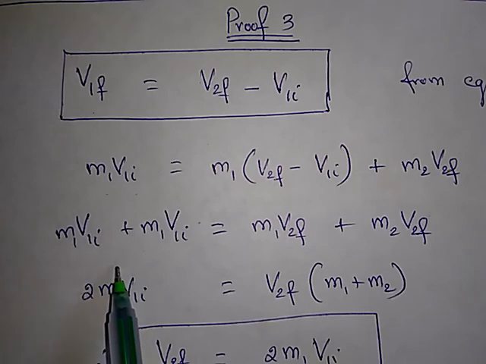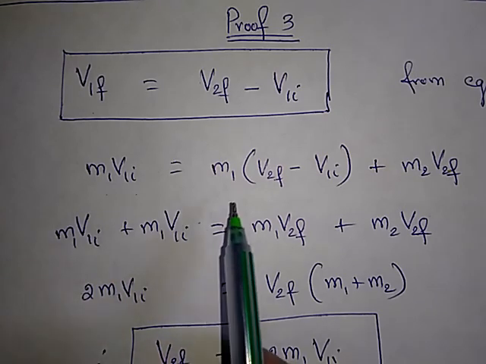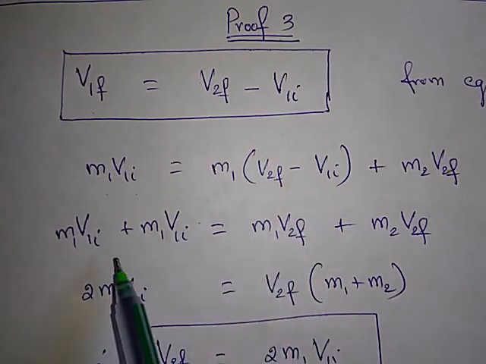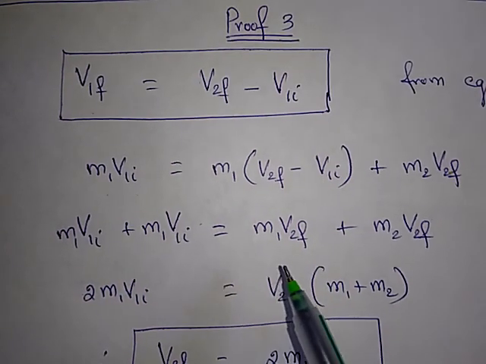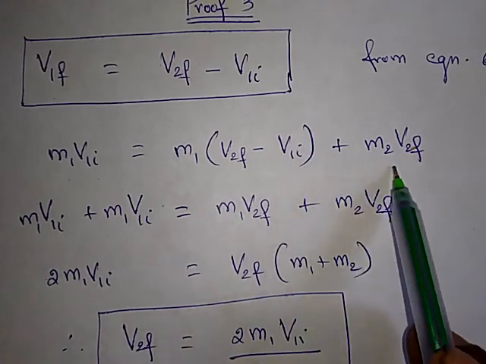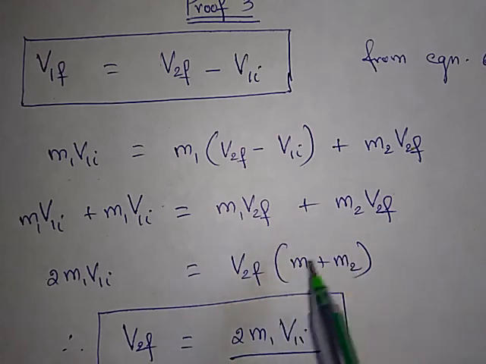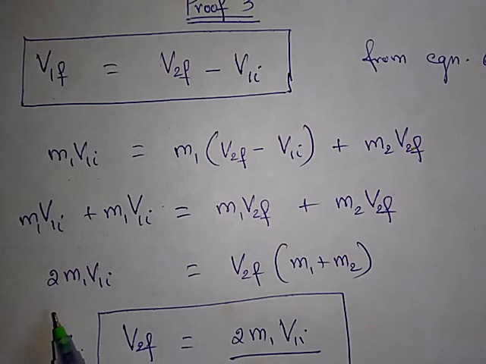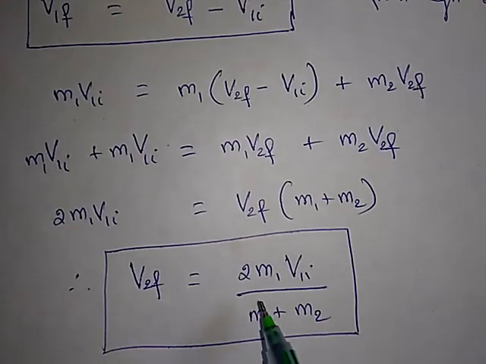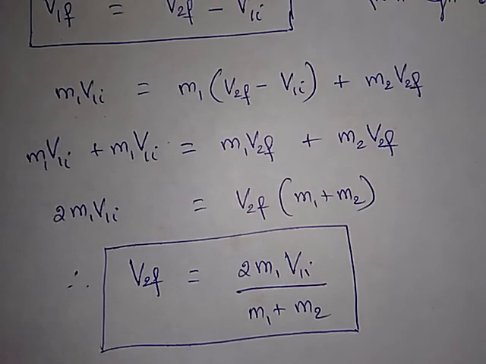M1 V1I plus M1 V1I, because you are multiplying this with the second, minus term, and if you move this to this side it will become plus, is equal to M1 V2F plus M2 V2F. Now V2F is a common term, so V2F times M1 plus M2. The left hand side is 2 M1 V1I. Therefore V2F is equal to 2 M1 V1I divided by M1 plus M2. This is the proof of the second equation.